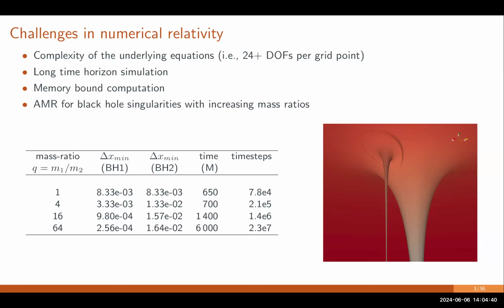You can see when the mass ratio increases, and since we are using explicit time integrators, our time step size is limited by the spatial resolution. So when you go to large mass ratios, our mesh size increases and our time step size decreases. This is why this is a grand challenge in numerical relativity.